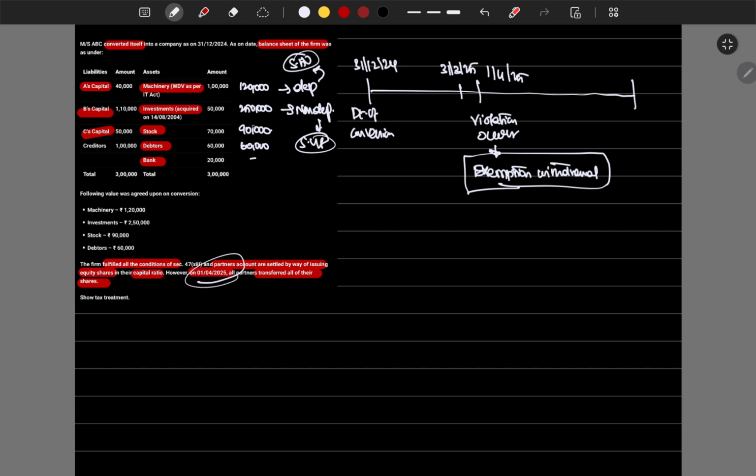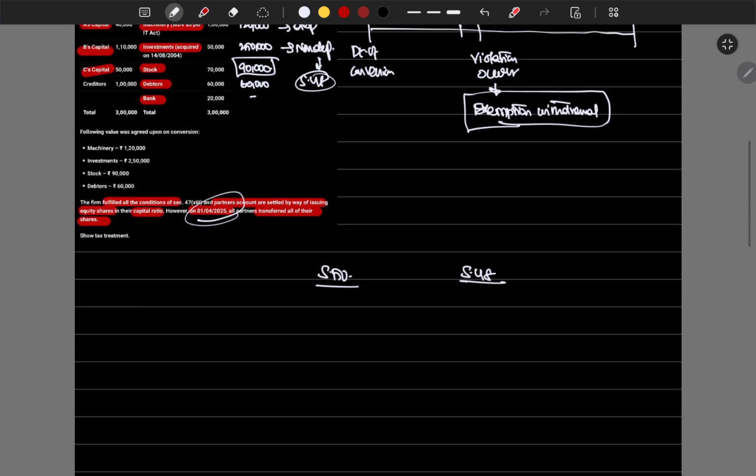Stock is PGBP. All other things we can slowly take forward. So we have one depreciable asset and one non-depreciable asset: section 50 and section 48.